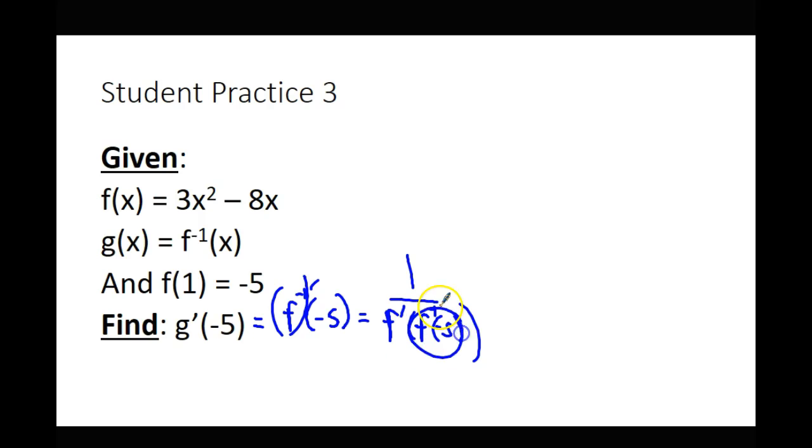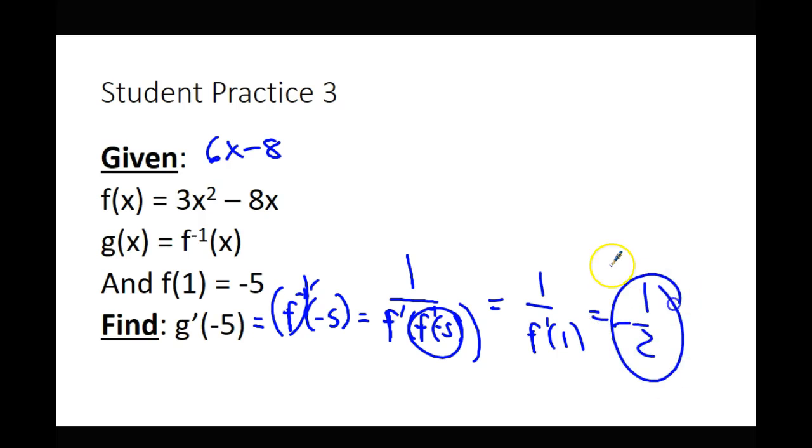And if f inverse of negative 5 is what we want, then the number it's going to equal is going to be 1. So we want f prime of 1, which means I need to find the derivative of this and plug in 1. And there you have it.